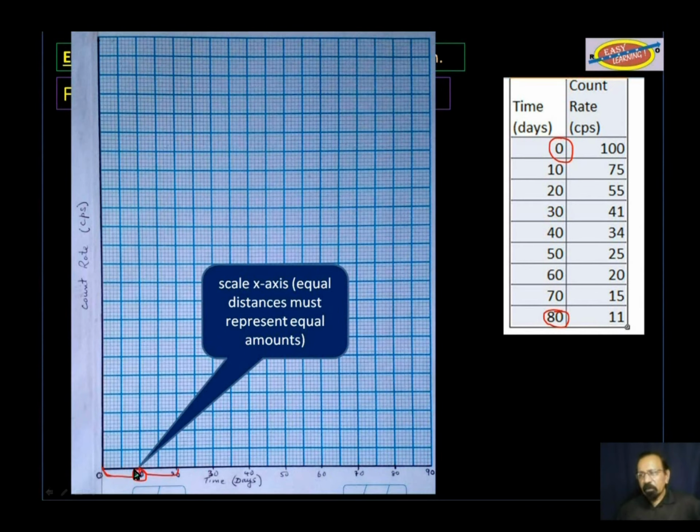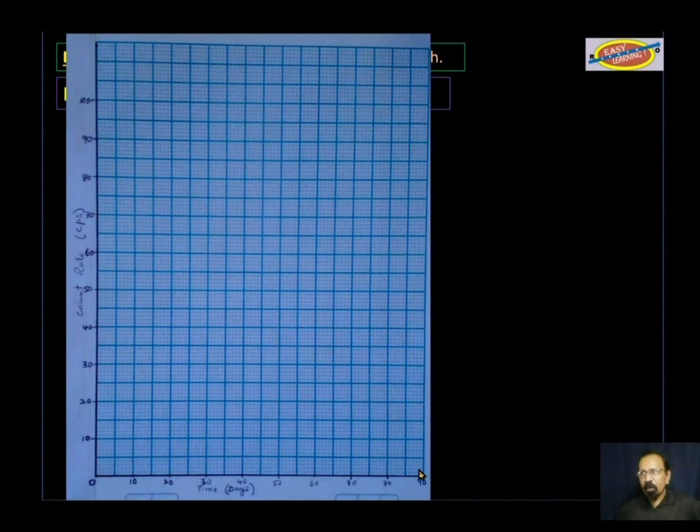So if 2 centimeters here represent 10 days, then another 2 centimeters here will represent another 10 days and another 10 days and so on. Notice we have 80 here. We can put 90 here. So our x-axis is scaled out.